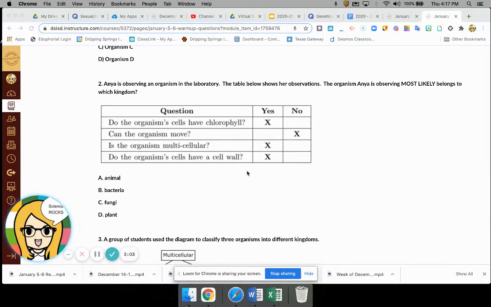You should remember from 7th grade that plant cells have chloroplasts and cell walls, and animal cells don't. So those 2 things mainly tell you that it's D, a plant. Most plants can't move. They have root systems, so that would also be helpful. But the answer is that it's a plant.